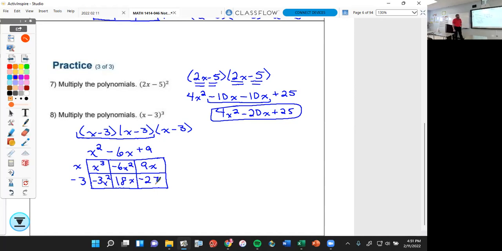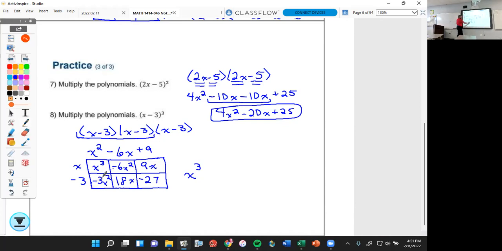Now that I'm done multiplying, I can combine my terms. To write this in standard form, we'll start with the highest degree. The highest degree is 3. I only have one term with an exponent of 3, so that'll be my highest term, x cubed. I have two terms that are x squared. I have a minus 6x squared and a minus 3x squared.